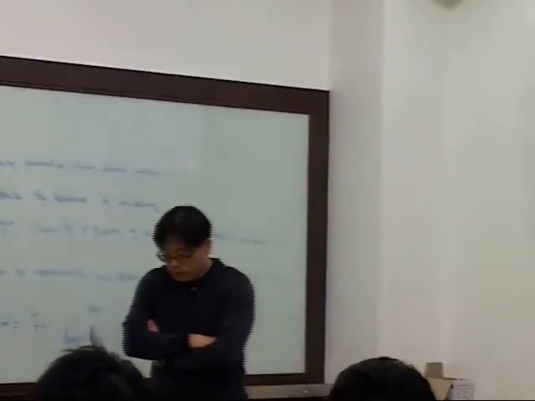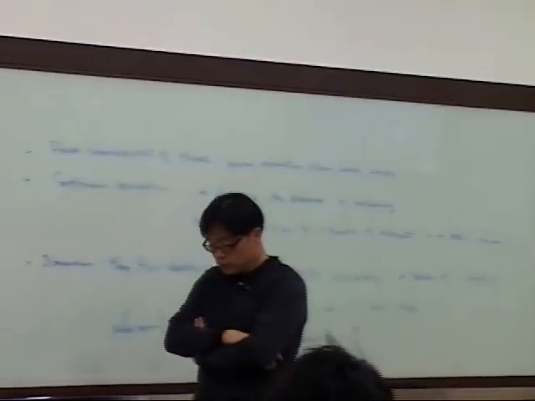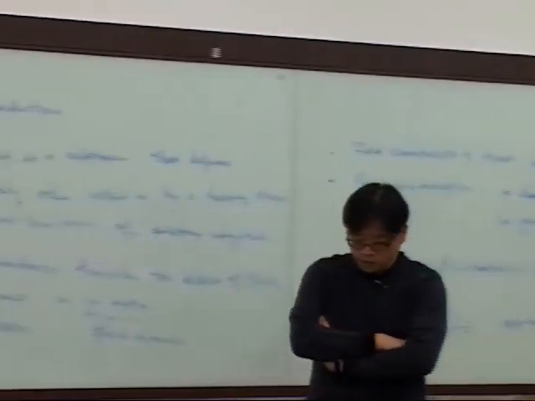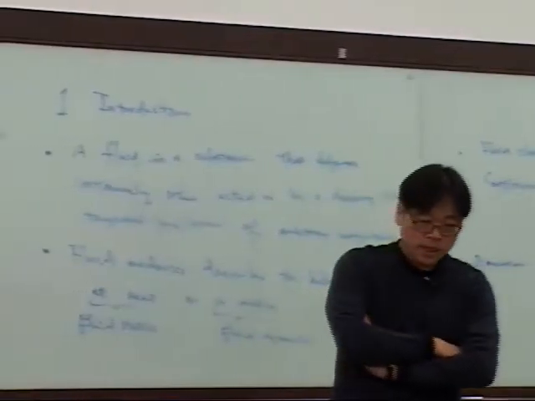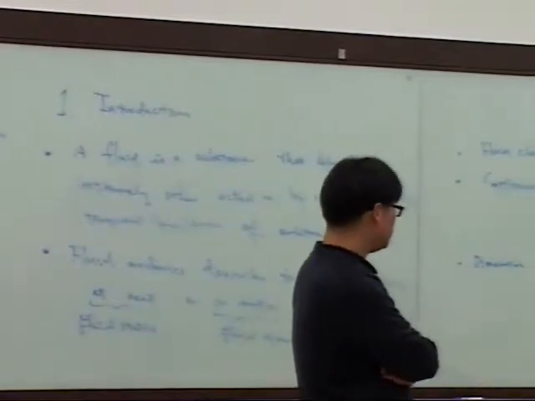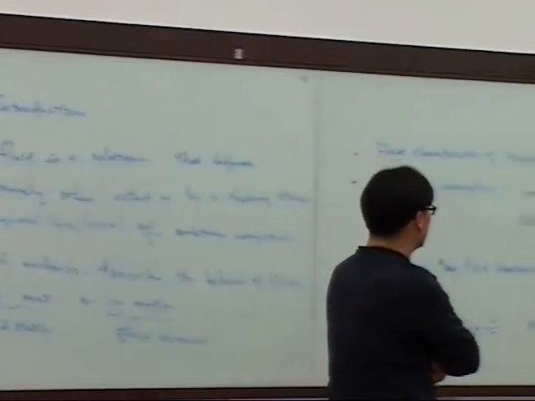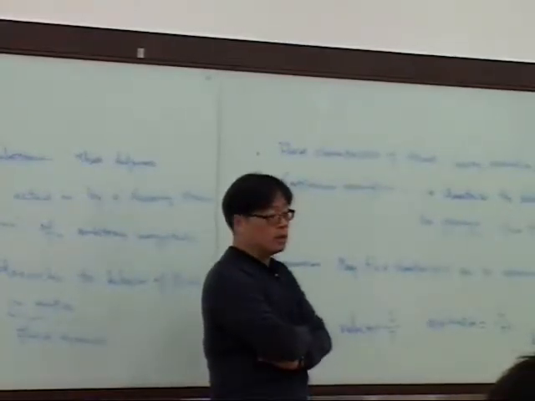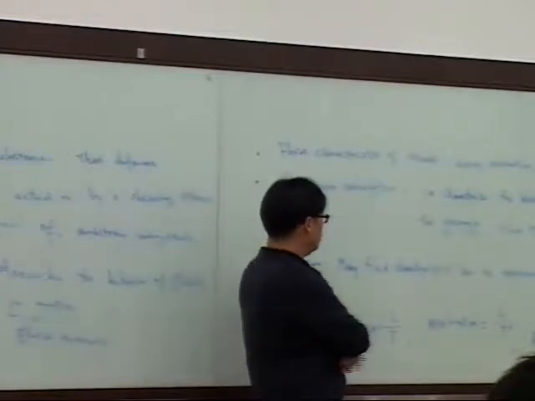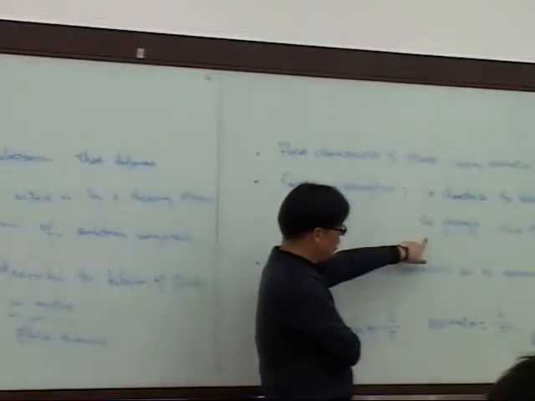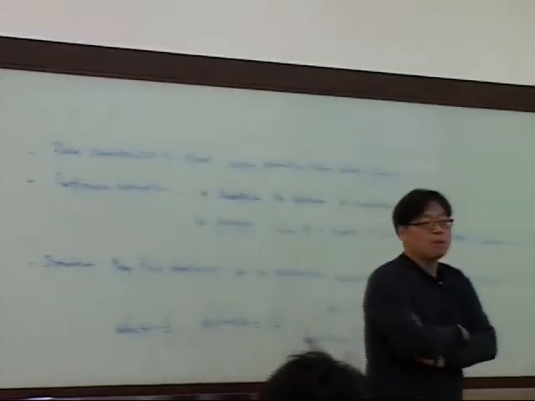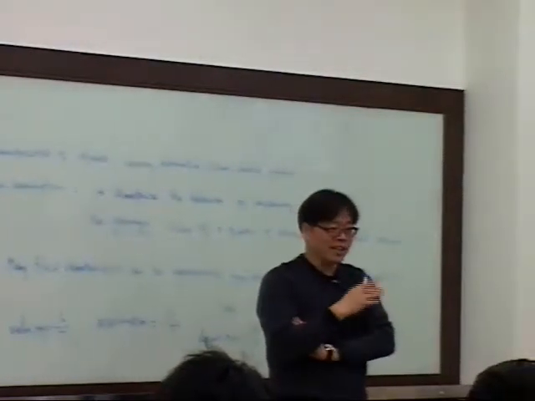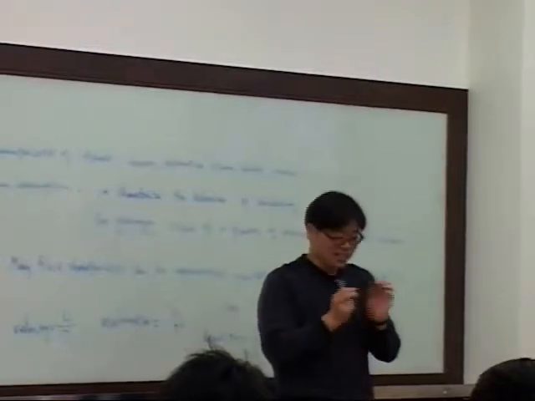Okay, although the fluid consists of many molecules, we are not interested in such small scale motions, so we treat fluid as a continuum, and therefore, actually, what we do is take the average value. I mean, in this course, we are not really taking any average, okay? Because we are not interested in molecules.